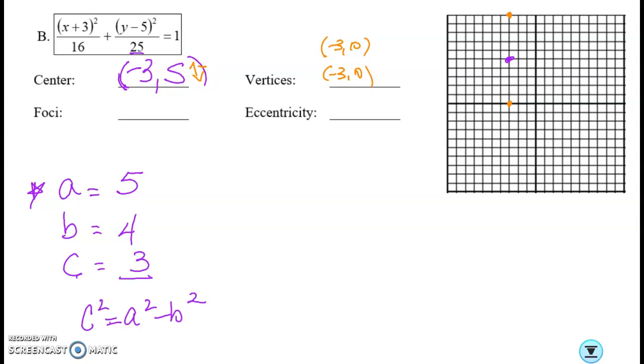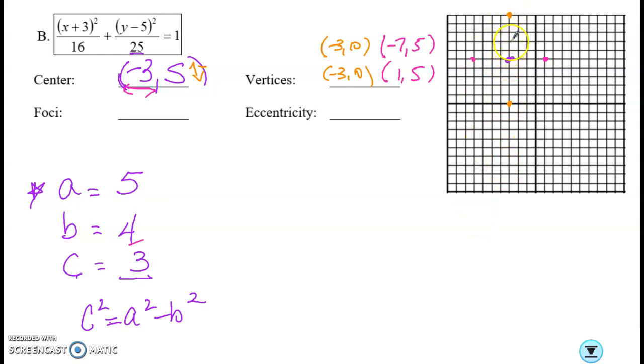Your minor vertices are going to go out this way in your x direction, and that value is going to be 4. So we're going to go out 4, 1, 2, 3, 4 this way. And so those two ordered pairs would be -7, 5, and 1, 5. Our focus points are always going to lie on the same axis as our major vertices.